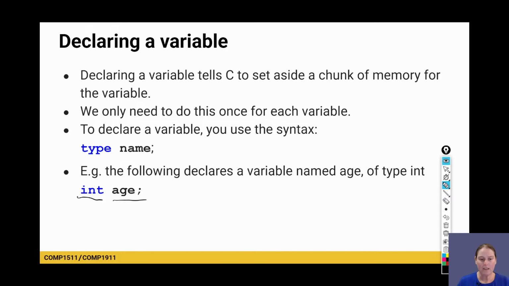So when I do this, C sets aside a chunk of memory that's big enough to store an integer. And when I use the name age in my program, I'm referring to this chunk of memory.